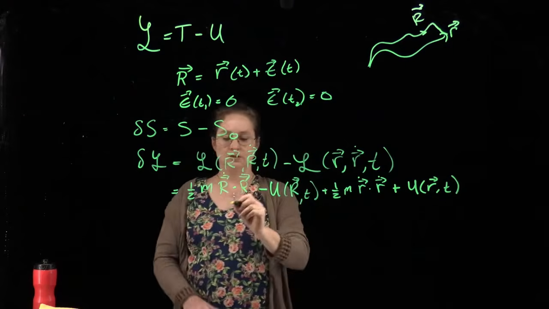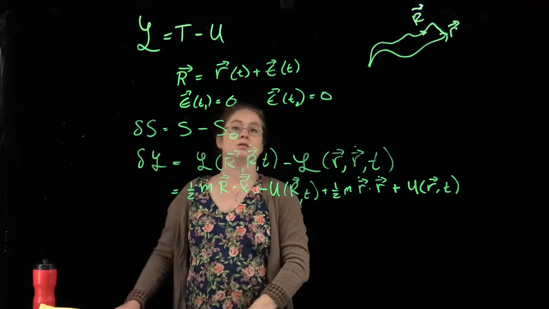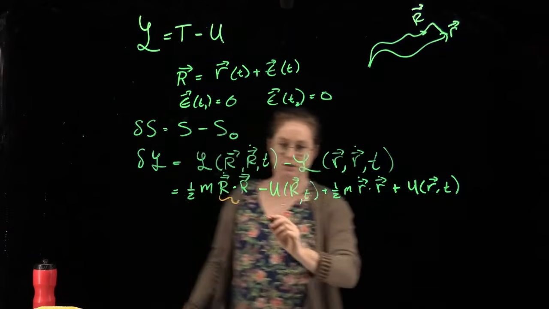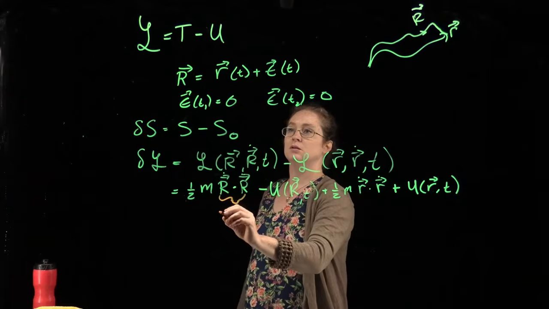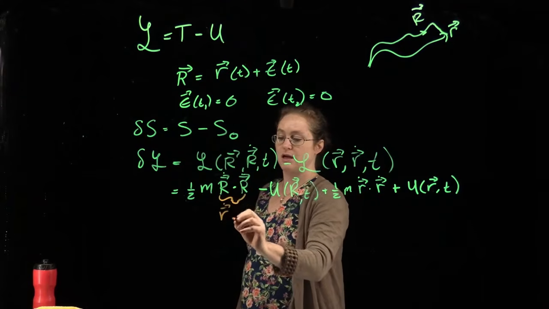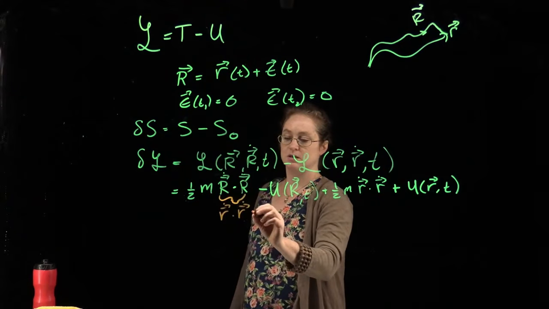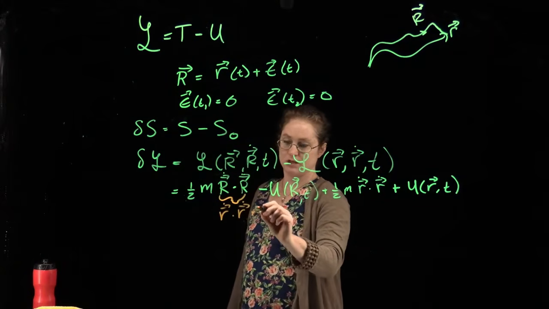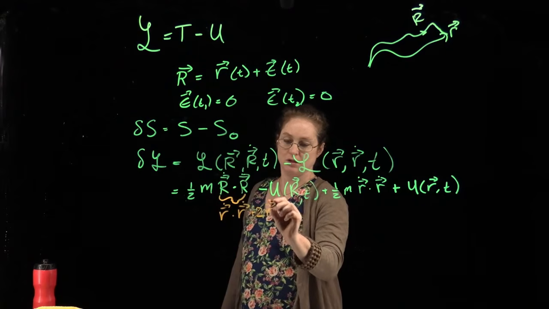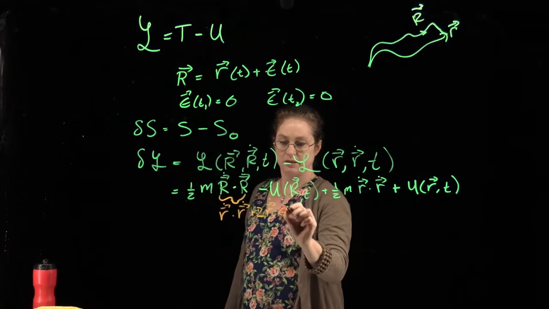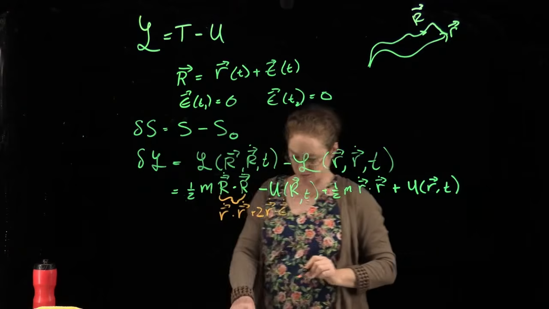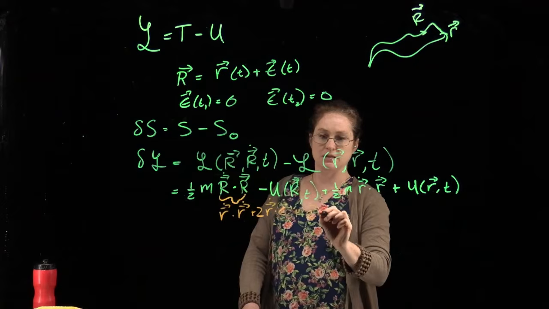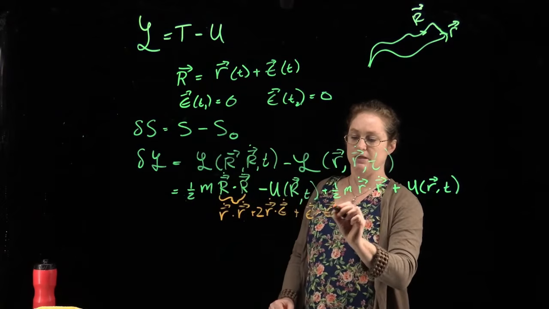And this we can expand out into r dot dot r dot, and then plus 2 r dot dot epsilon dot plus epsilon dot dot epsilon dot.